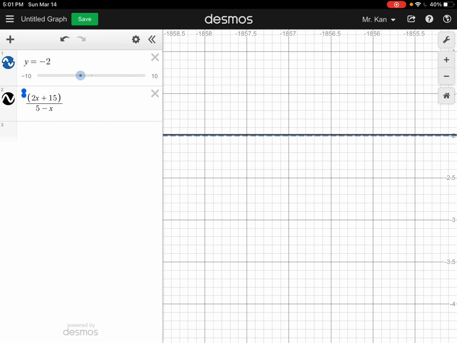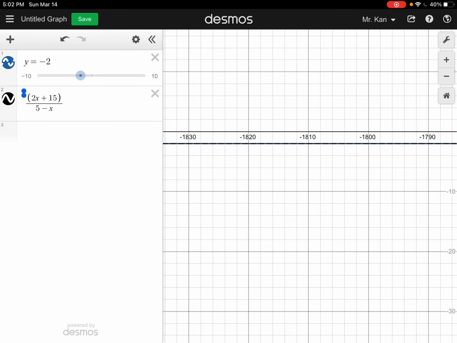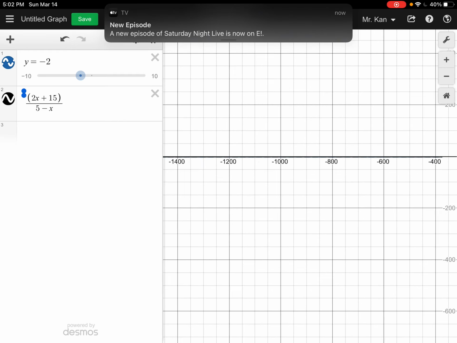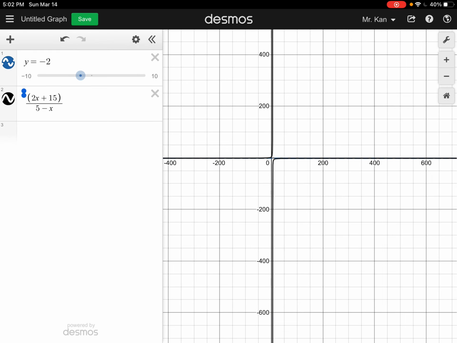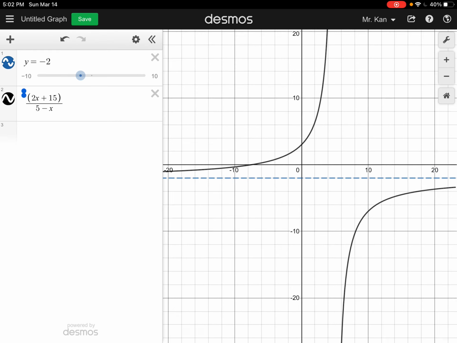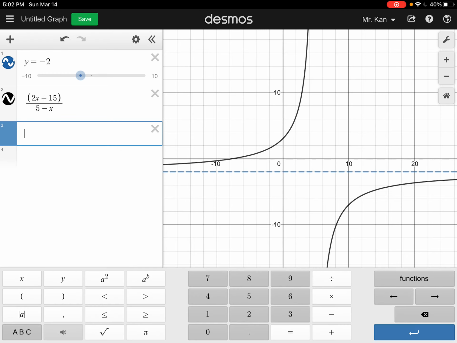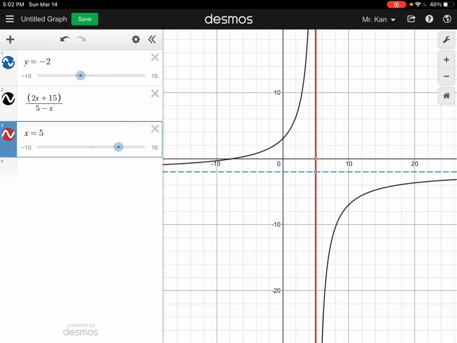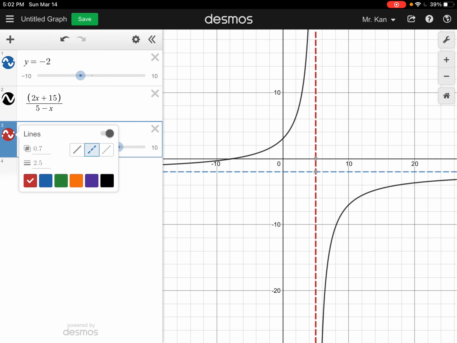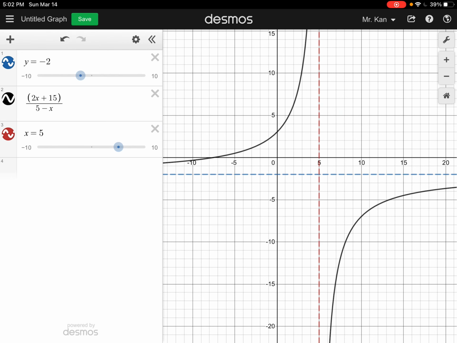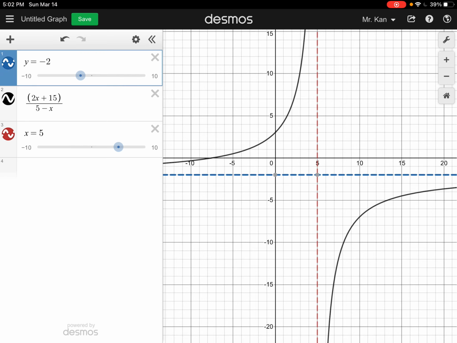Those are the basic components of a rational function. I'll put the other one, x equals 5, up here. We want to be able to identify the horizontal and vertical asymptotes.